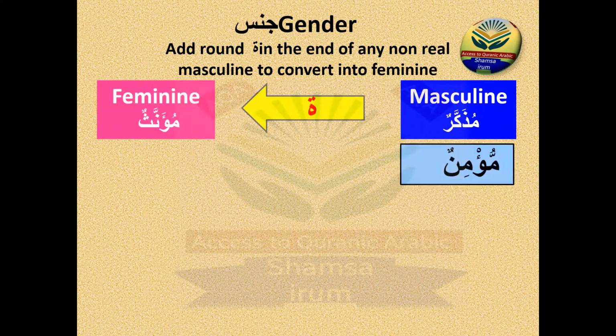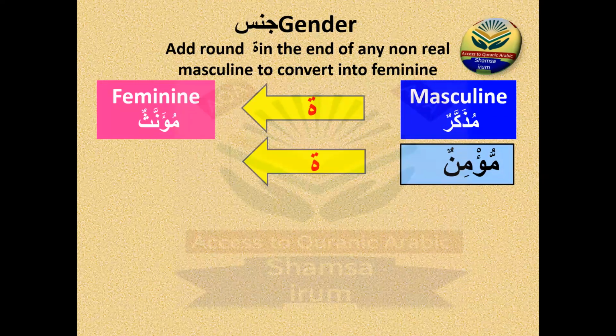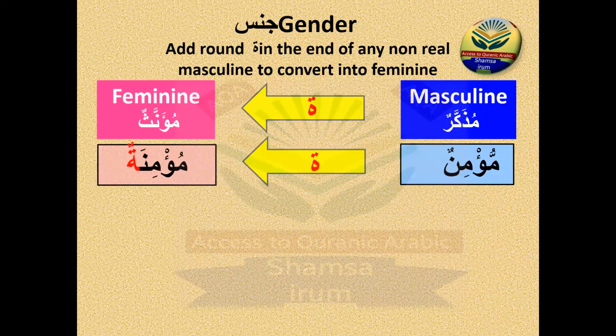Like mu'minun: add round ta in the end, and it will become mu'minatun. Mu'min is masculine because there is no round ta here, and with the round ta it is feminine.